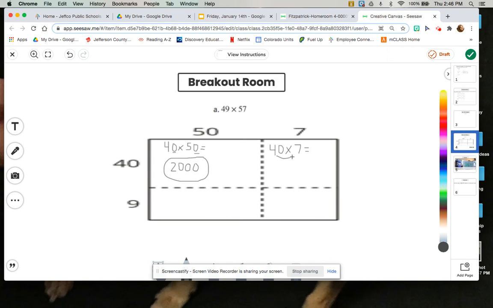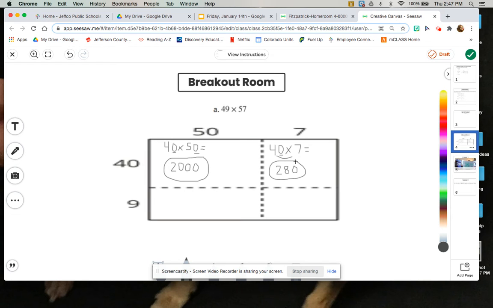And so they're going to do 4 times 7, which equals 28. And then we have 1 placeholder here, so we're going to bring it back down here, okay? And then we're going to circle our partial product or subproduct.